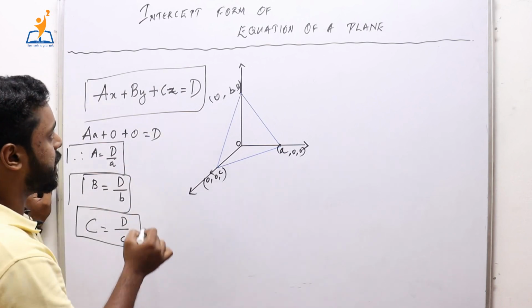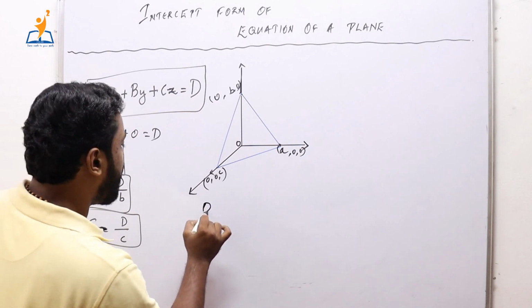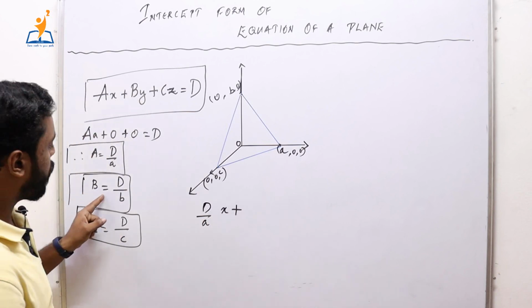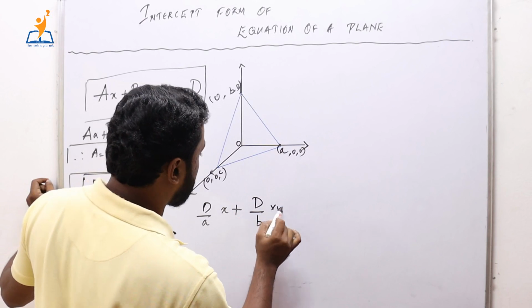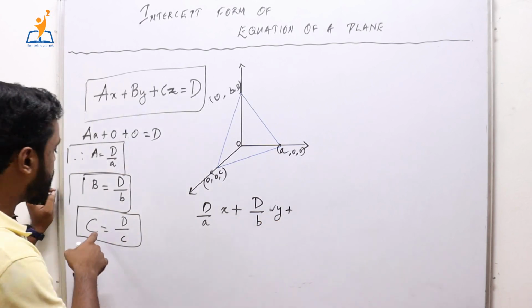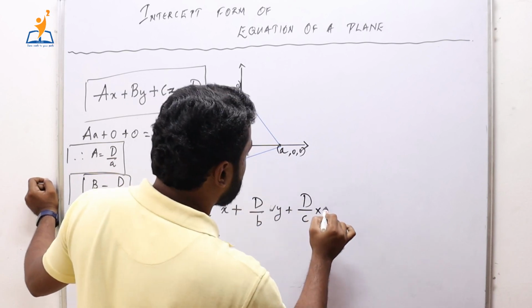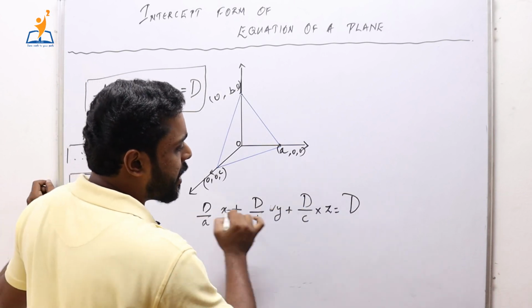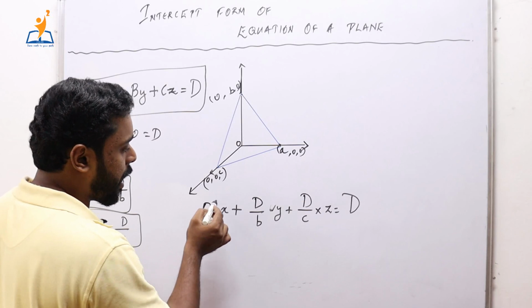We shall substitute this in the original equation to get D by a into x plus, what is B, D by b into y plus, what is C, D by c into z equal to capital D. We can cancel D from all the sides, right? So we can take D common outside and cancel.